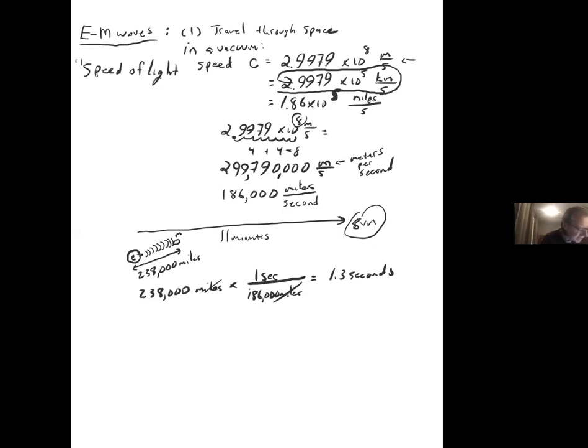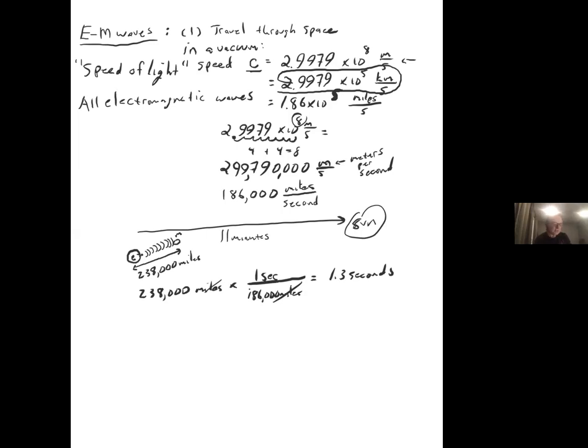The symbol for it is a C. And what you want to remember is that this speed works for all electromagnetic waves.